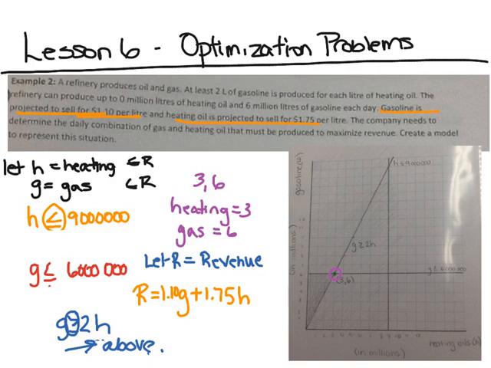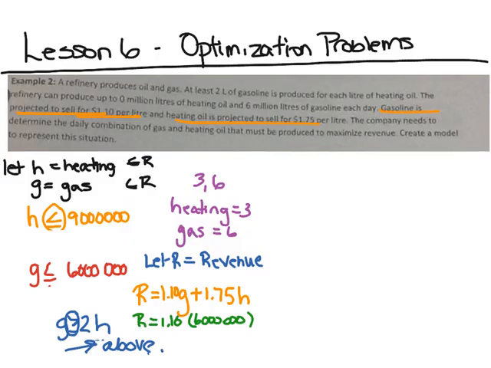So we're going to find our maximum revenue by plugging it into this equation. So R is equal to 1.10 times gas, which we know is 6 million, plus 1.75 times, we know there's 3 million.